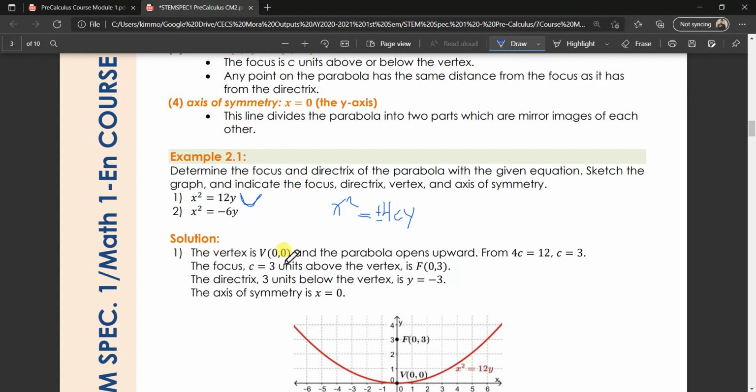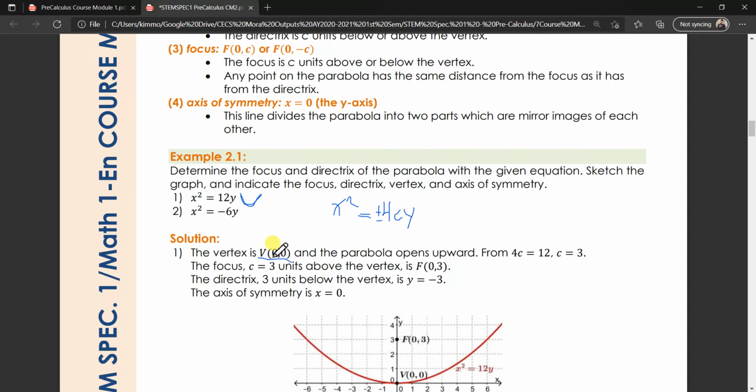So from this, maka-ingon na din ta that the vertex is equal to 0, 0. And the parabola opens upward. Diba? So paglantaw pala nato sa equation, kabalo na ta nga nasa 0 or sa origin ang vertex, then opening upward siya.